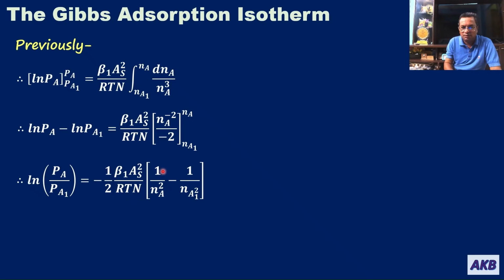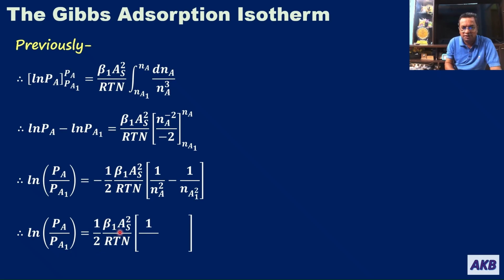So it is 1 upon Na square minus 1 upon Na1 square, and if I use this negative sign, it will be ln of Pa upon Pa1, that is equal to 1 by 2 beta 1 a square upon RTN into, the positions will get changed, so it will be 1 upon Na1 square minus 1 upon Na square.